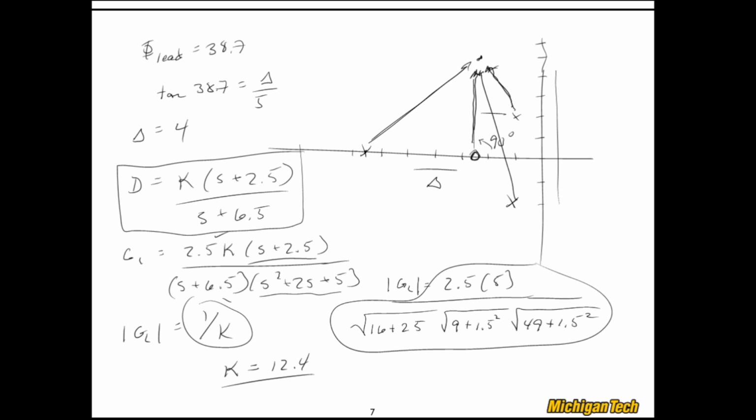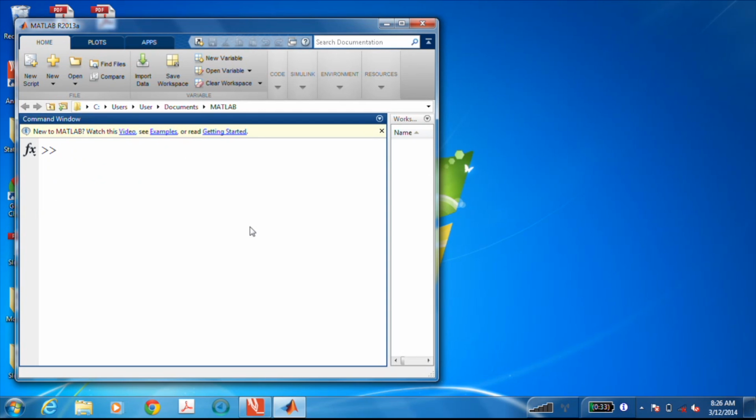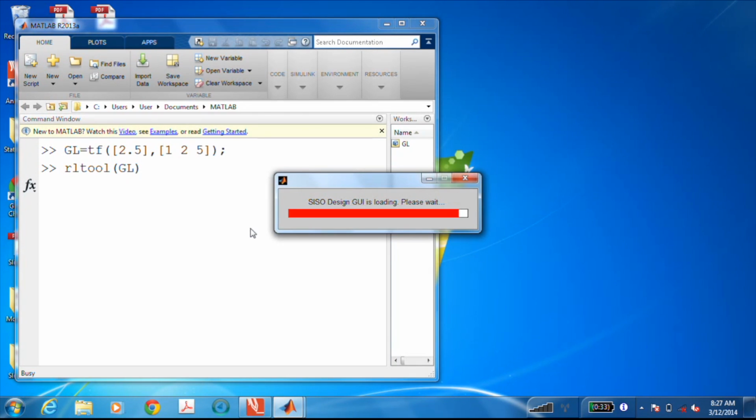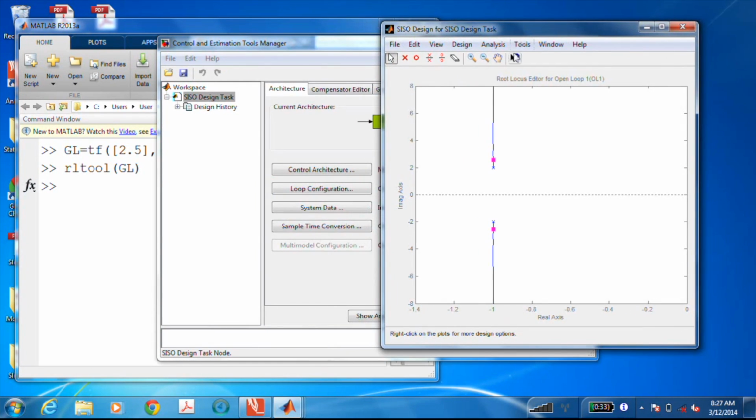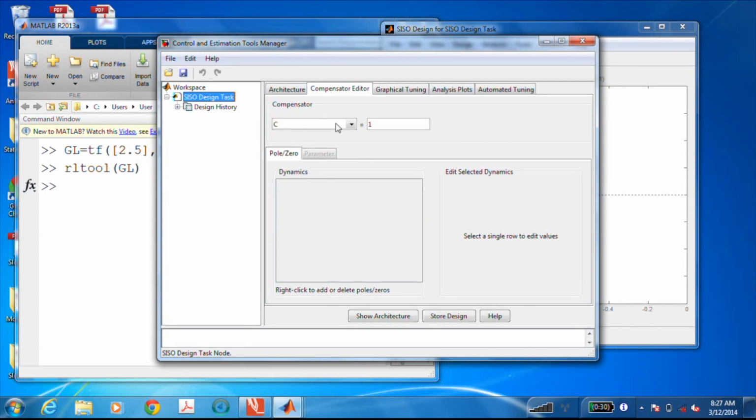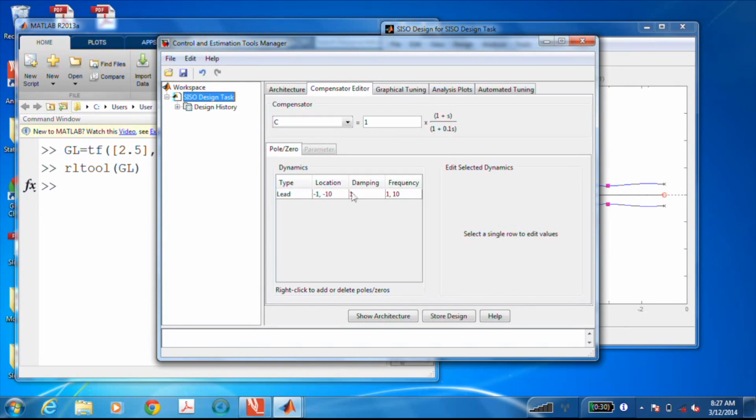Now let's look at this process using rltool. Let's code up the plant, 2.5 over (S squared plus 2S plus 5), and use rltool to investigate this a little bit. So here's our old friend, this root locus, and now what we'll do is go into the Compensator Editor, right click here, add pole zero, but actually what I'll do is choose the lead option.